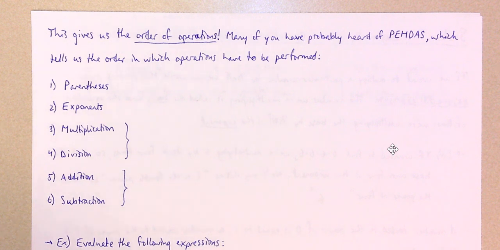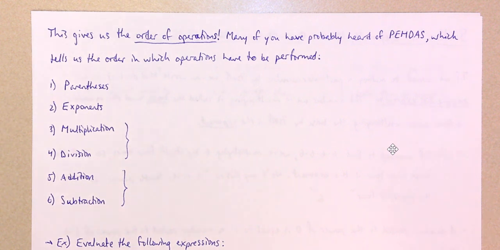Number one, P, those parentheses. Anything inside of parentheses or just any grouping symbol, anything that's inside of those has to be done first. Now, once those are done, we move down. E stands for exponents. Any powers you have on things, those things have to be dealt with next.